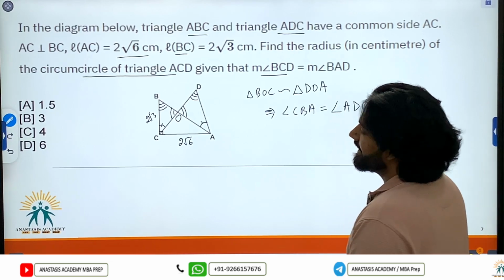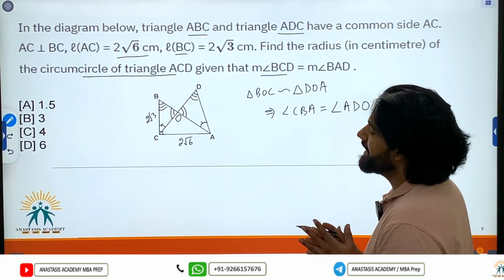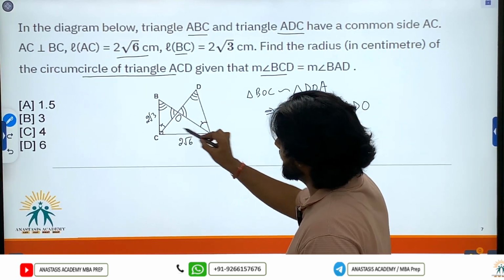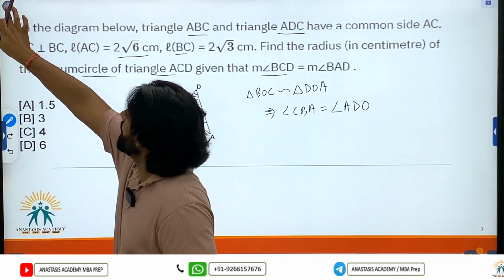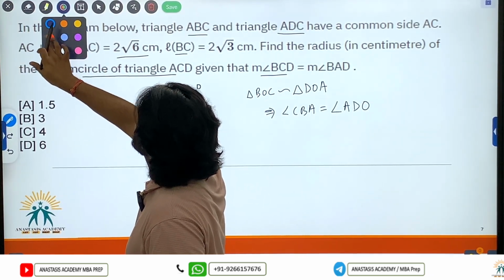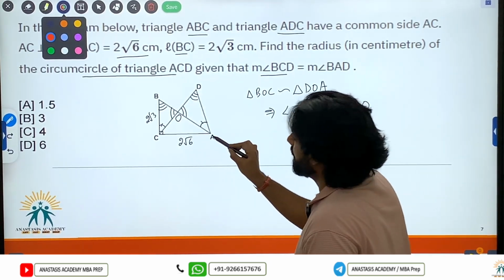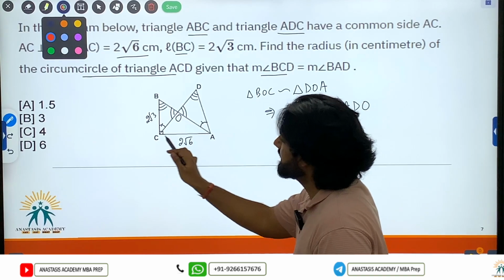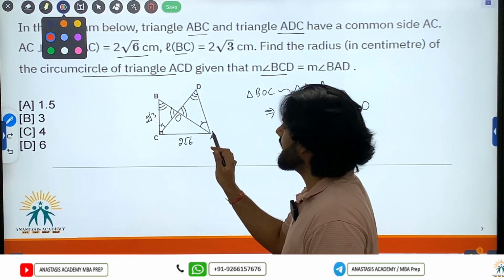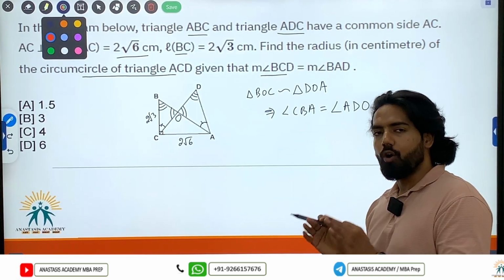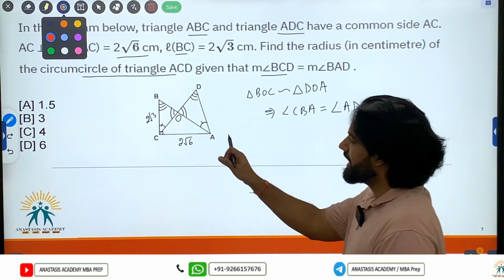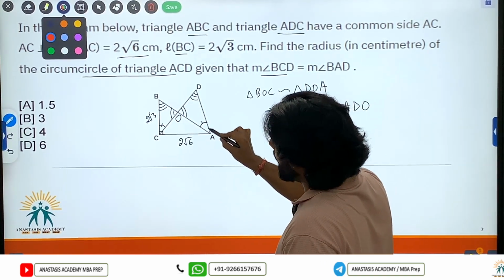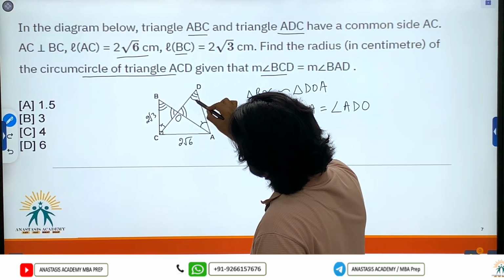Now we are talking about the circumcircle of this triangle. Let's draw that circumcircle. It will pass through A, D and C, and segment AC would be the chord of that circle. We know a chord subtends equal angles.